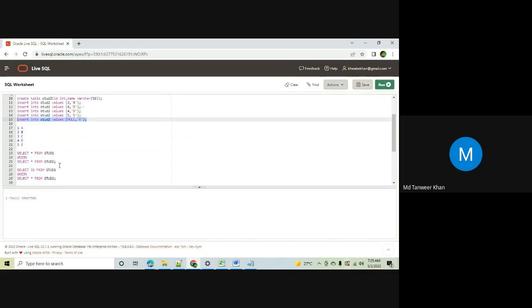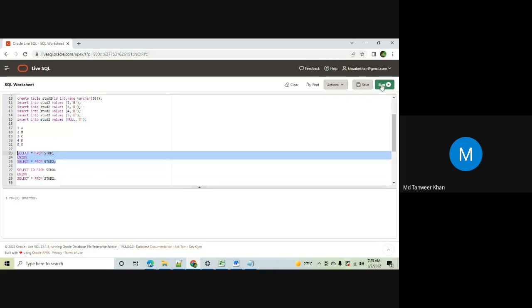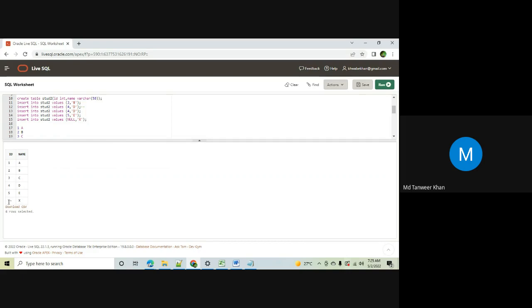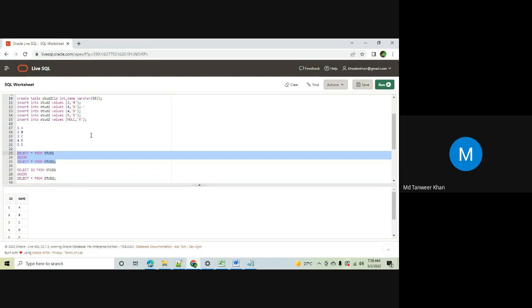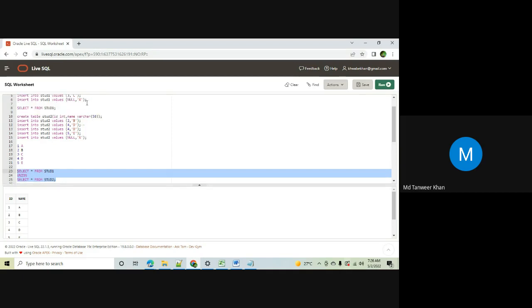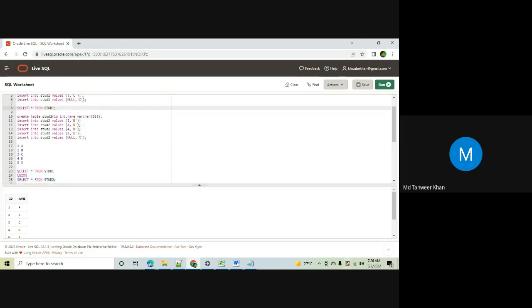Now I am running this. Why are you getting only one null x? Because it applies the distinct. Here you already have one null x, so the duplicate null x will not come into the picture. So this was all about union, very straightforward.